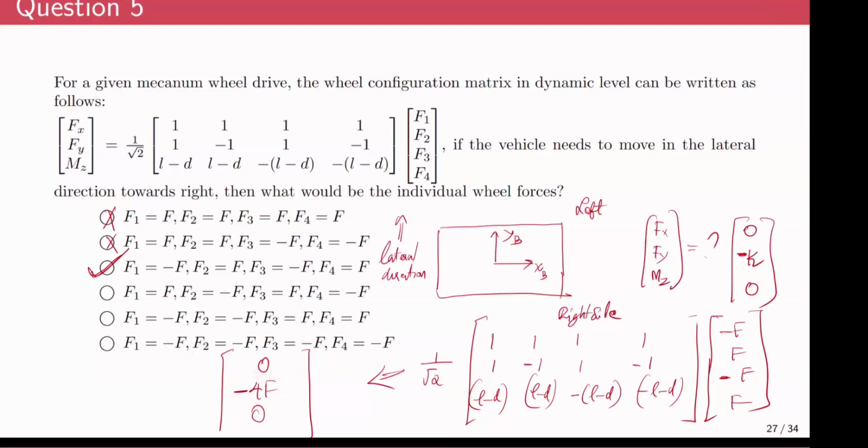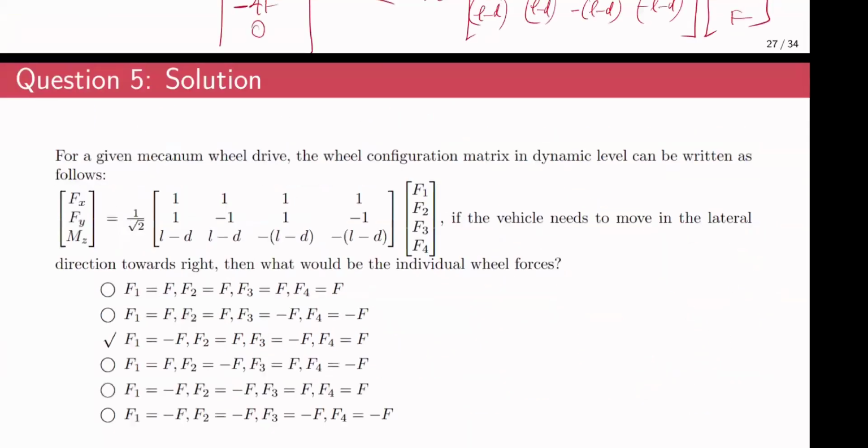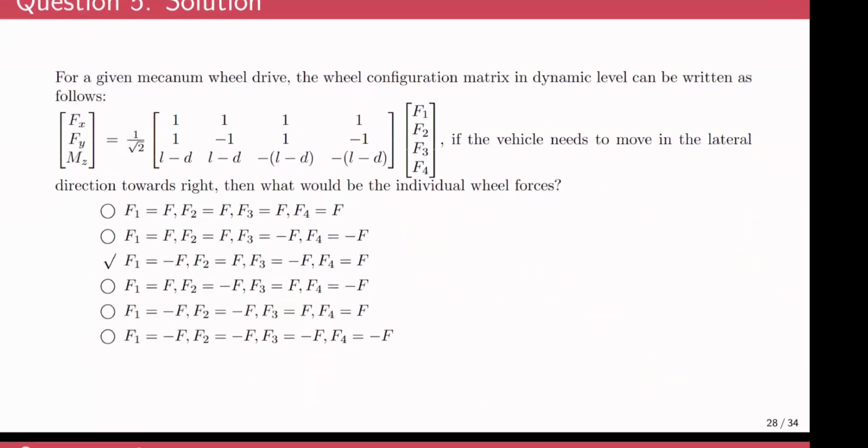And that is exactly what we want, right? The question expects the mobile robot to move along the right side, and the right side is basically aligned along the negative YB axis. So we expect Fy to be a negative quantity and all the other quantities to be zeros. So we can probably agree that option C is the correct answer. So that is indeed correct. So I hope that is clear enough.